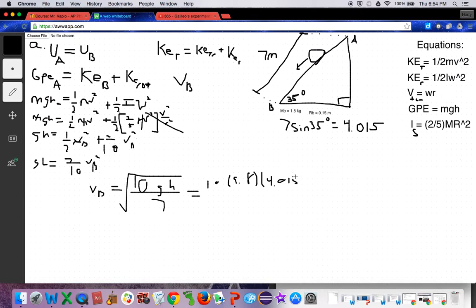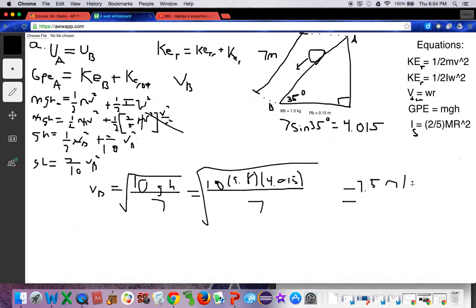We can see that because they give us the 35-degree angle, we can clearly solve for the height. And the height comes to be 4.015. Running this big thing through my calculator, I get 7.5 meters per second.